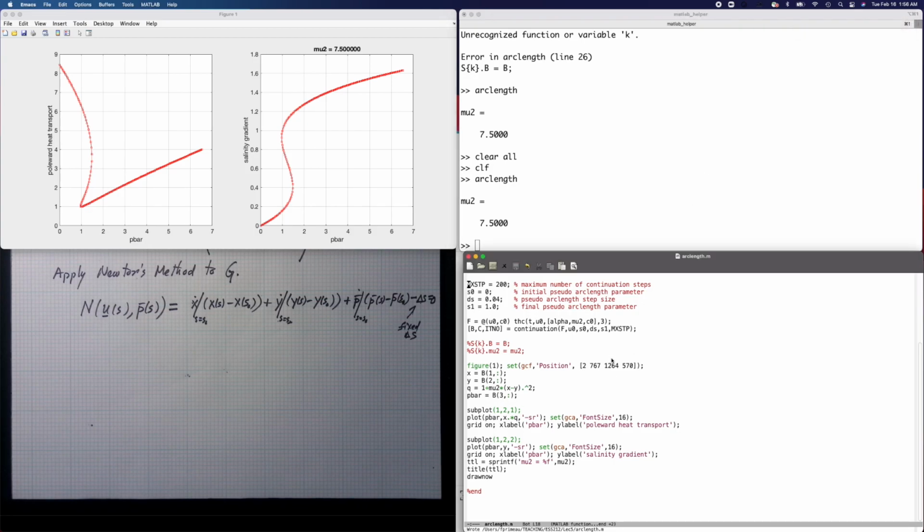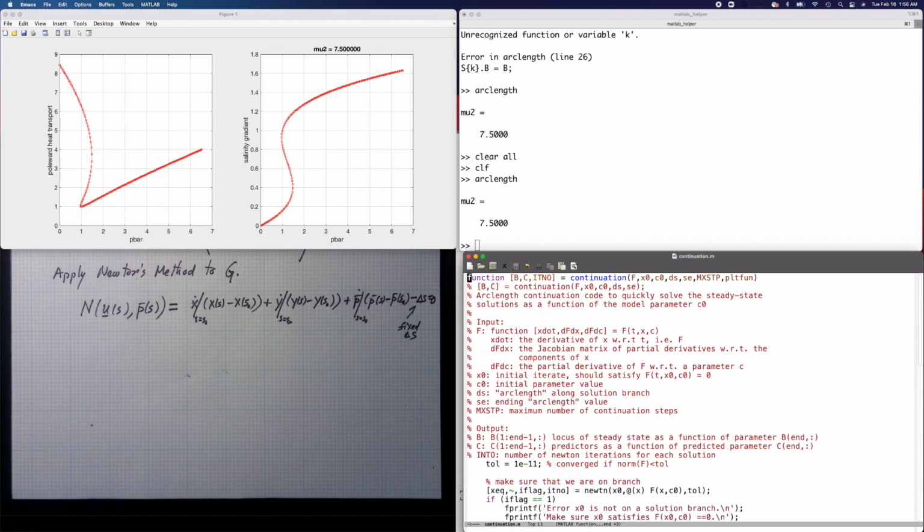So what does this continuation code look like? Let's have a quick look. So we pass in the function we're trying to solve, f, an initial solution, x naught, the initial p bar parameter, which in here is going to be called c naught, ds, my arc length increment that I want to take as my step size, the maximum arc length I'm going to try to compute the solution to, or the maximum number of continuation steps.